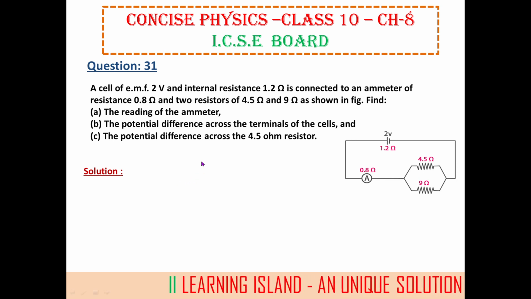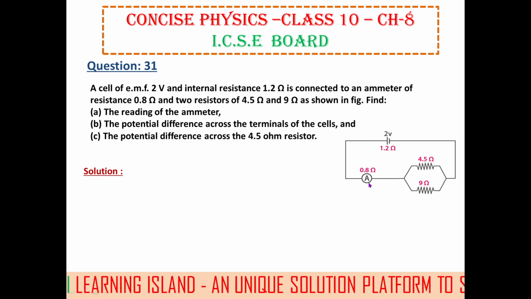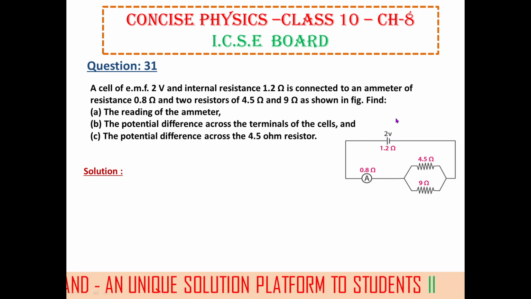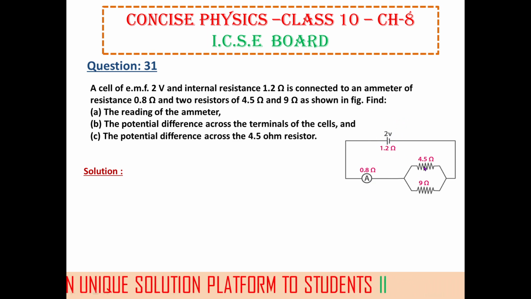A cell of e.m.f. 2 volt. Here the cell has e.m.f. So if I start step by step, here epsilon equal to 2 volt, and internal resistance r is 1.2 ohm. So if I draw the circuit again, this is the battery.